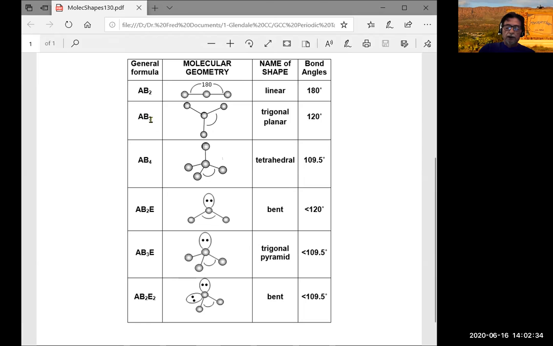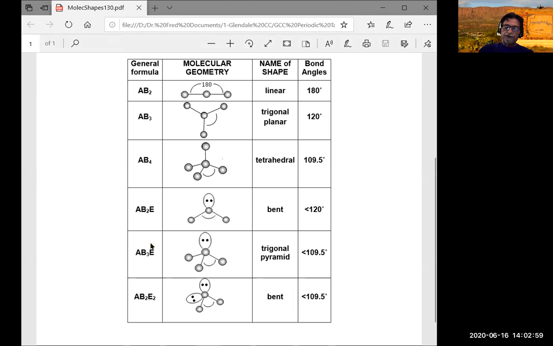Okay, and by the general formula, you notice the first column, we have a very general formula labeled A, B, and E. A represents the central atom. B represents what is bonded to the central atom, whatever atoms are bonded. They can be the same or they can be different, okay?